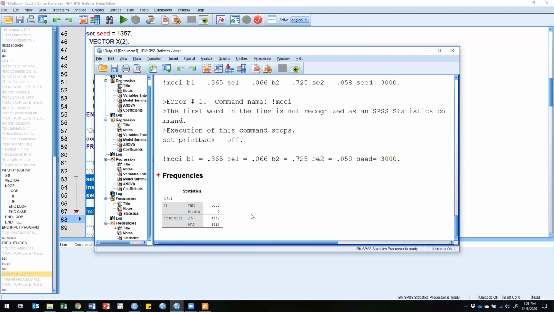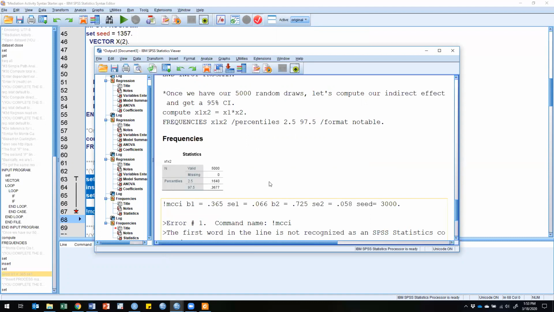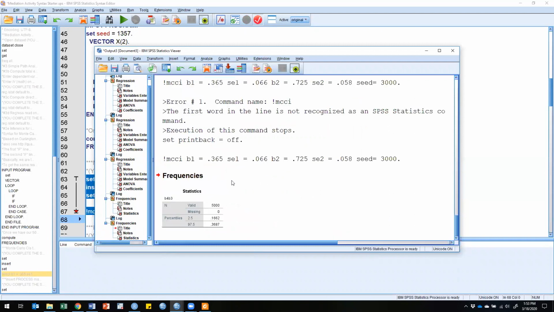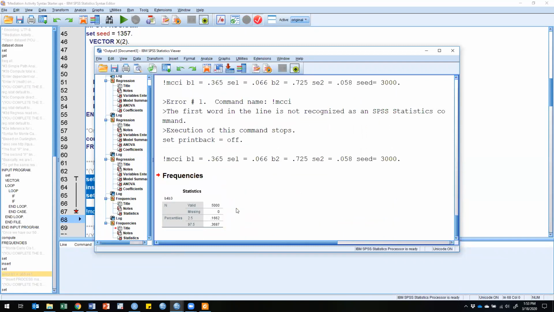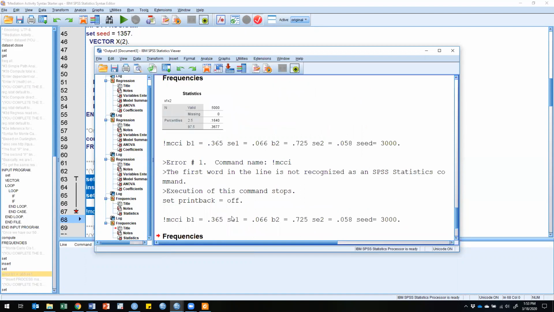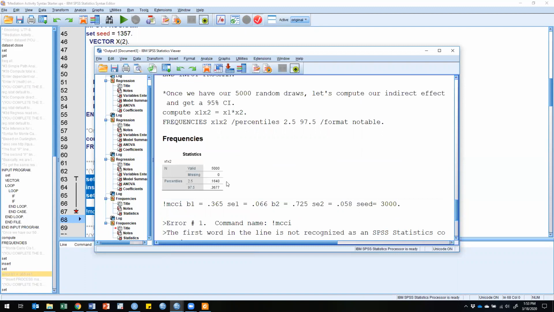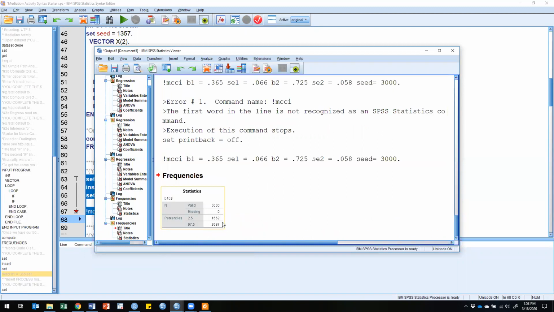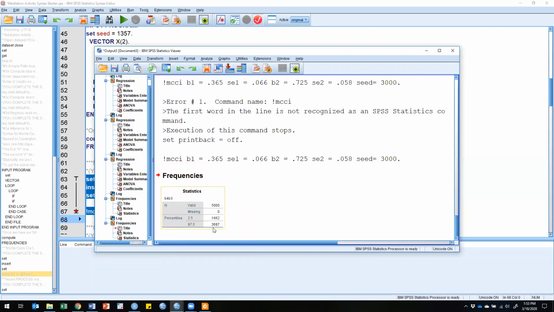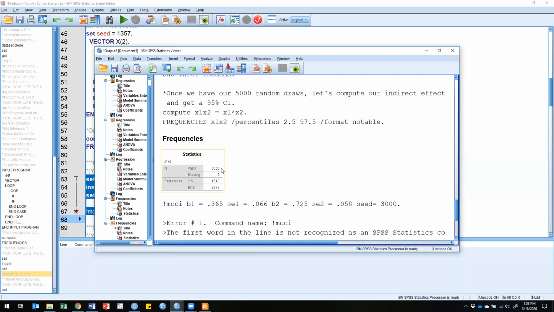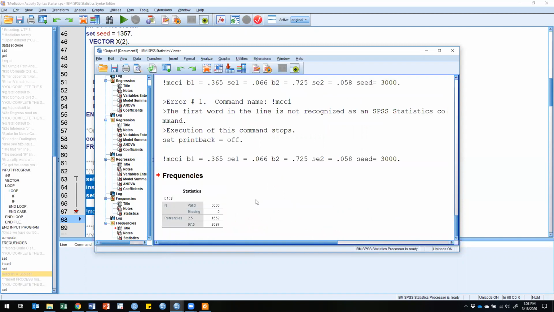Notice it's slightly different from the confidence interval we computed before, and it's because we used a different random number seed. Remember, we're taking random draws from these distributions, so each time we take a random draw, we get a slightly different value. But notice they're still very similar: 0.16, 0.16, 0.37, 0.37.